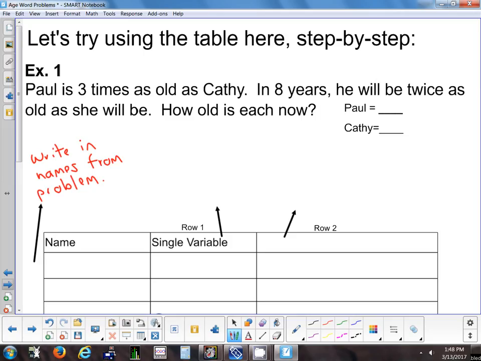While you guys are finishing writing that, I'm just going to read it. Paul is 3 times as old as Kathy. In 8 years, he will be twice as old as she will be. Jordy, what's one of the names I'm going to write in? Paul. Here's my name column.